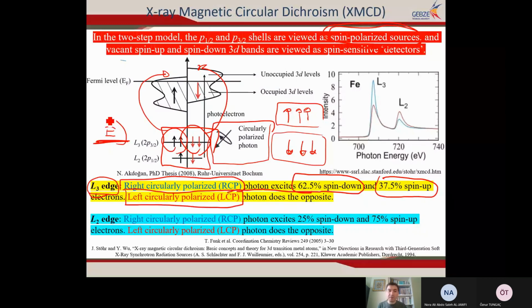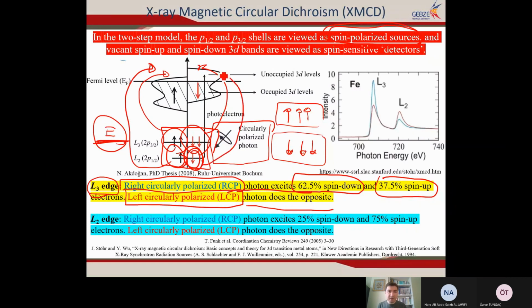So what I mean, you mostly excite spin up electrons, 62.5%, and then you excite 37.5% spin down electrons. It is vice versa. So right circularly polarized light and left circularly polarized light do the opposite jobs.